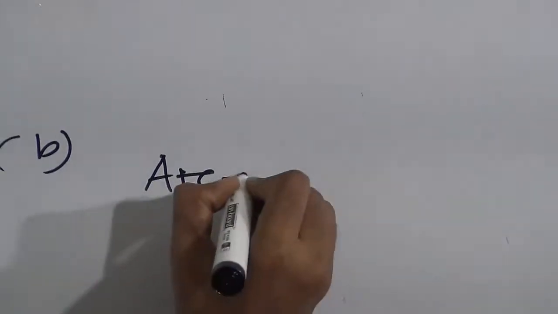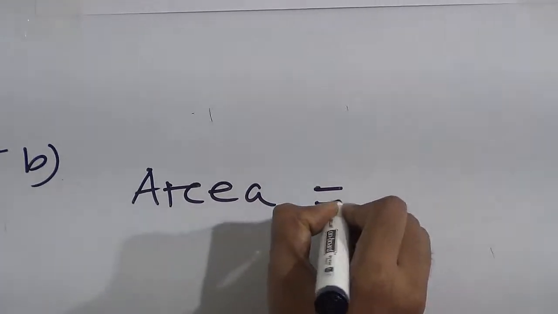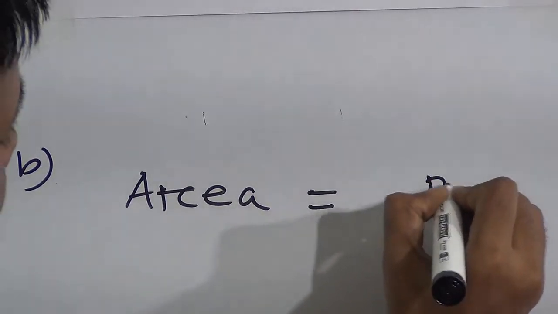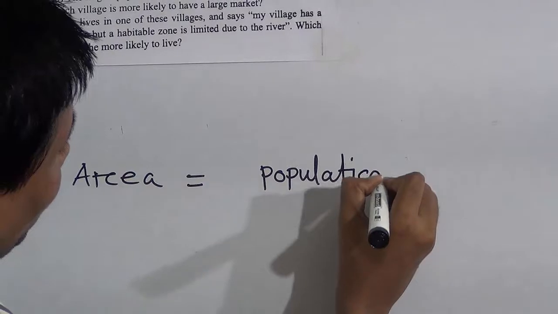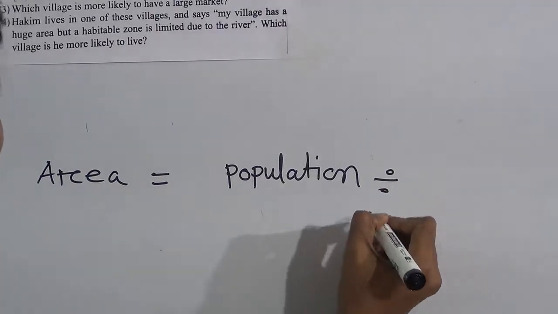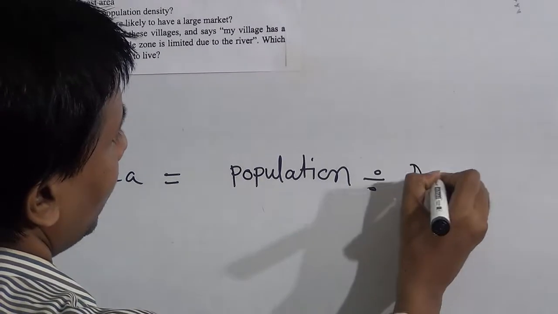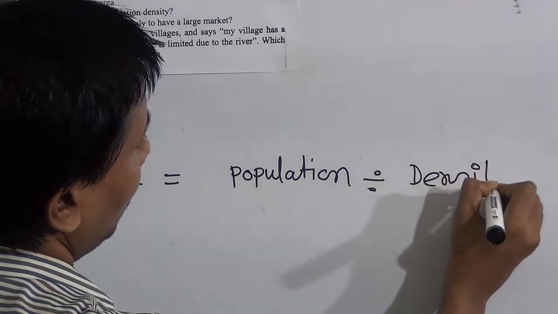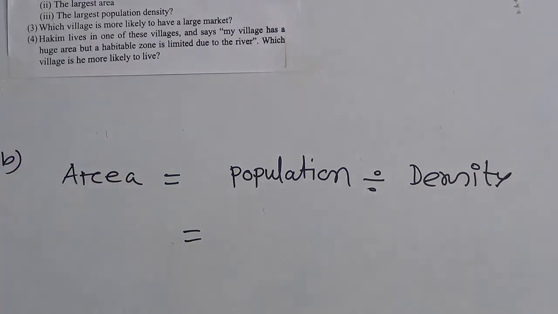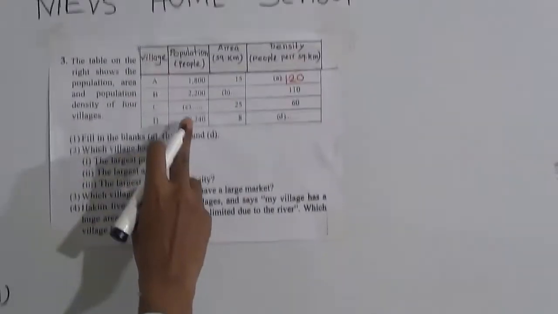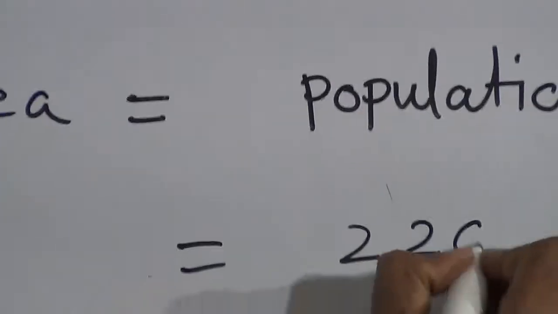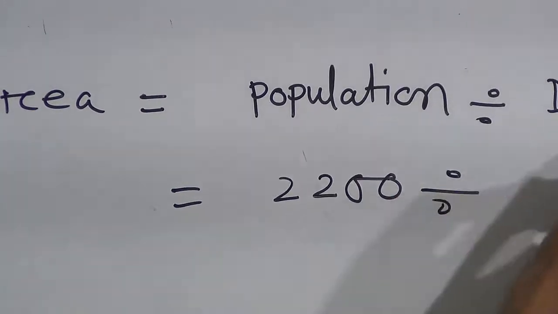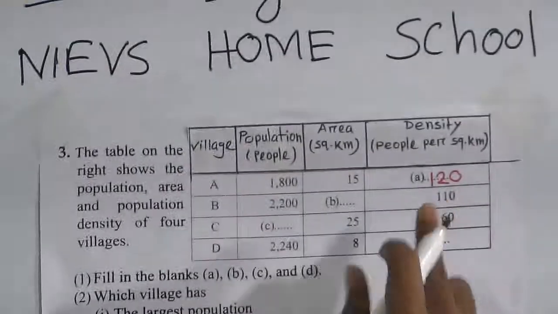We know area equals population divided by density. Population is 2200 right here, and the density is 110.